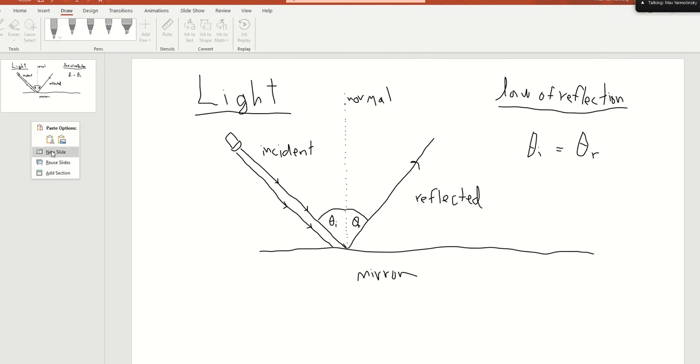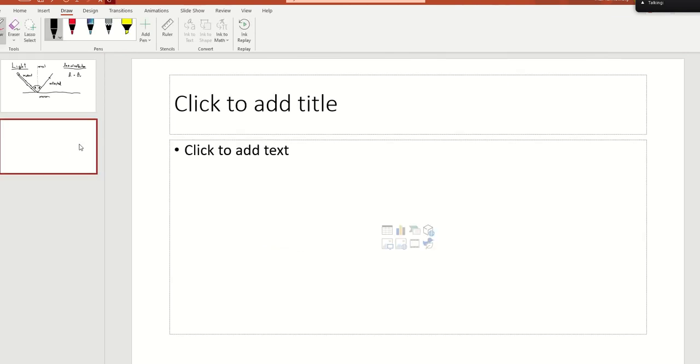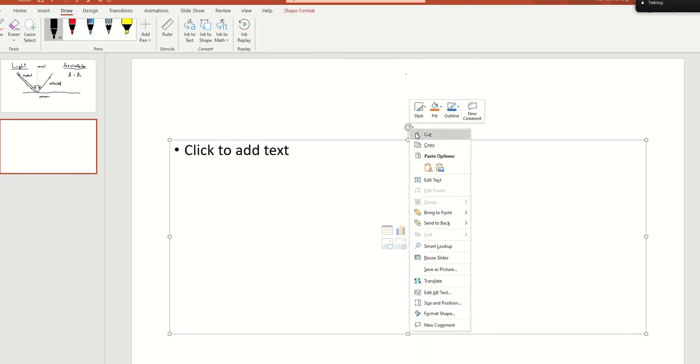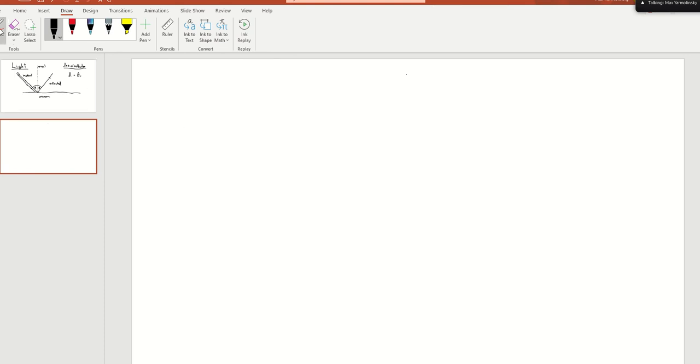Now let's look at part two. For part two, it's a little bit more complicated. What we want to do in part two is we want to see what happens when light rays hit glass.